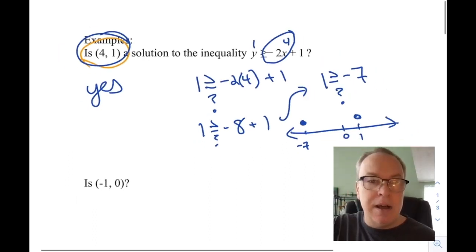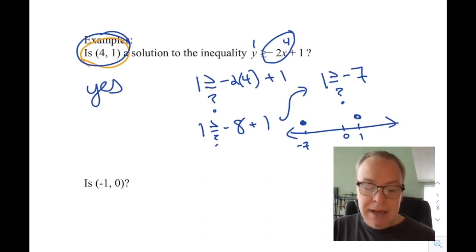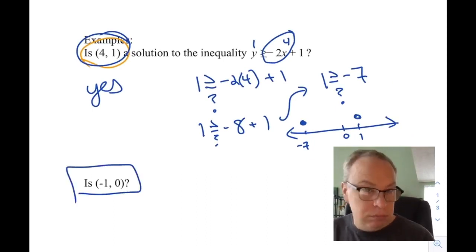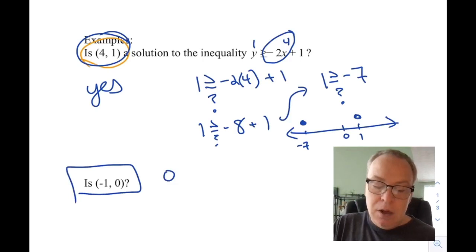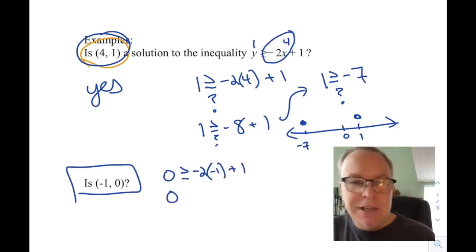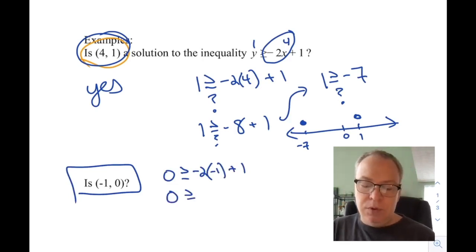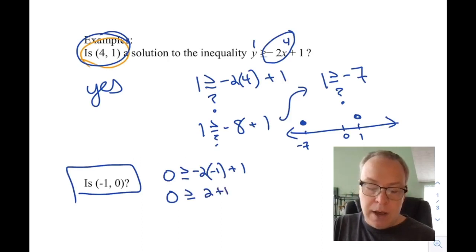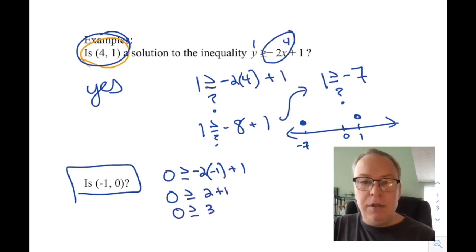Let's try another combination just real quickly. Is (negative 1, 0) a solution? So let's plug that in. 0 greater than or equal to negative 2 times negative 1 plus 1. Is 0 bigger than or equal to 2 plus 1? Is 0 bigger than or equal to 3, question mark?